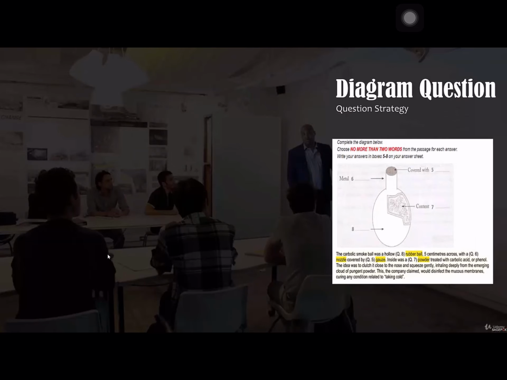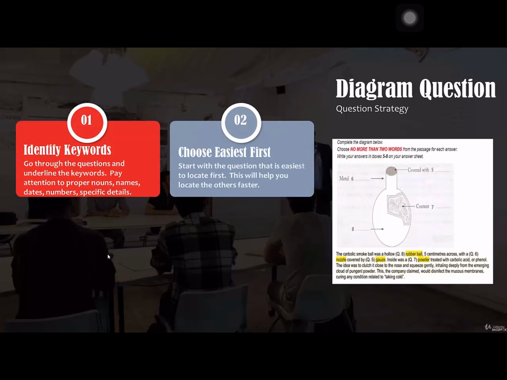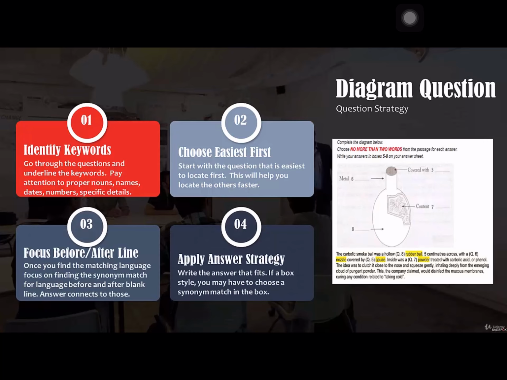So with a diagram question, in terms of the question strategy, of course you have to identify the key words on the diagram if it has words. So for example, for this one you have the word metal, you have the word covered with, you have the word content. That's really important language, because that language is going to connect to the answer choices.